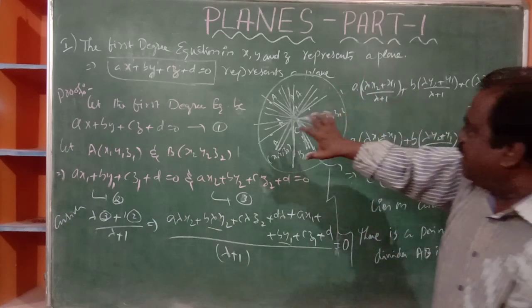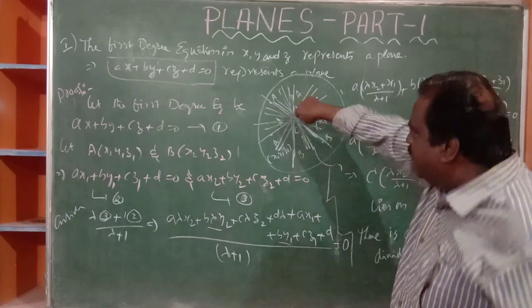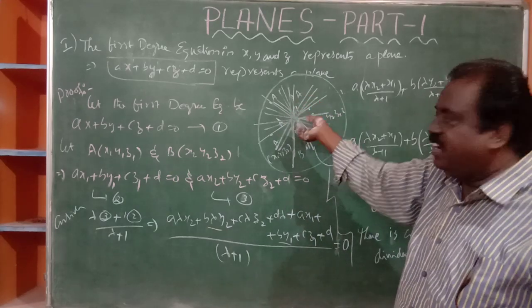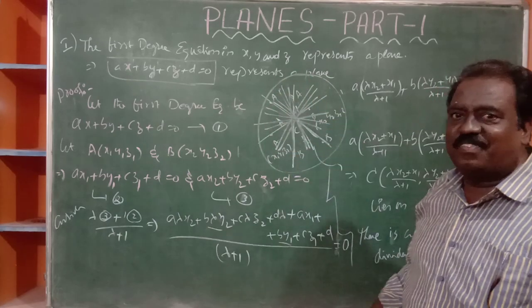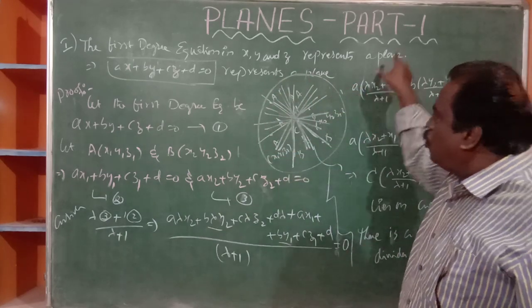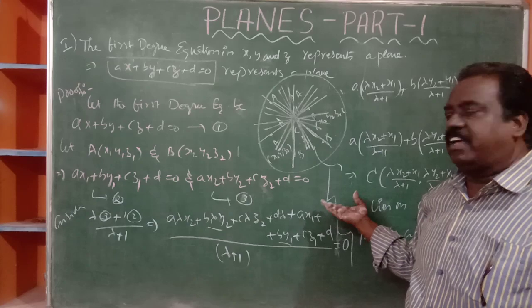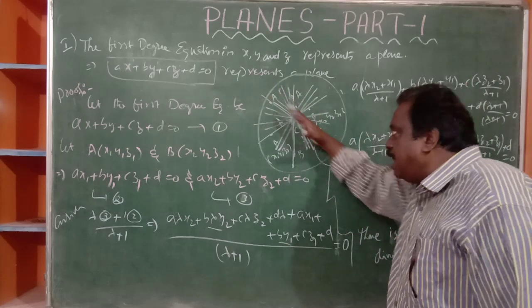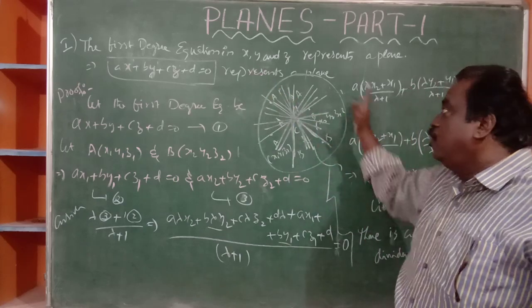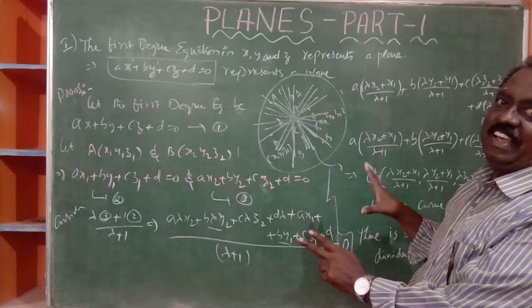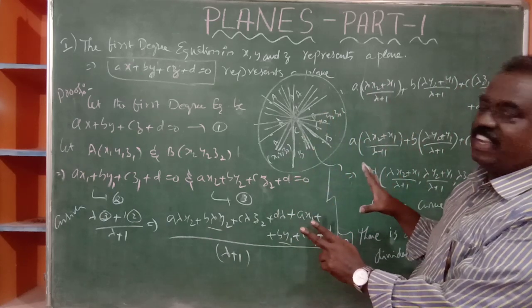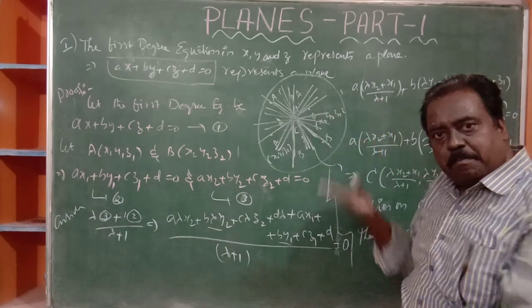That means the line AB is rotated like this. So everywhere the C point is there, on the total line AB. So in total it covers, it forms an area, a region. That is called a plane.